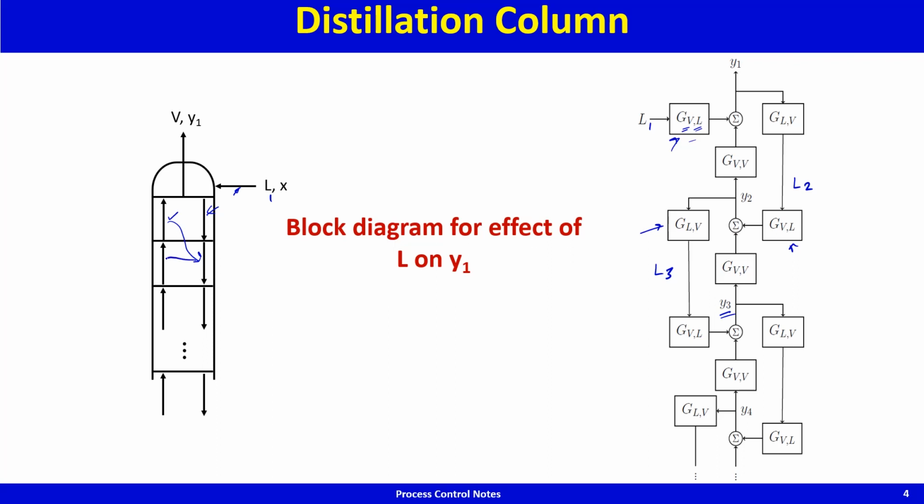So from here you come here. Y3 then causes a change in the liquid leaving the third tray, that is this guy, which in turn causes a change in the vapor leaving the fourth tray, which is this guy, and so on and so forth.